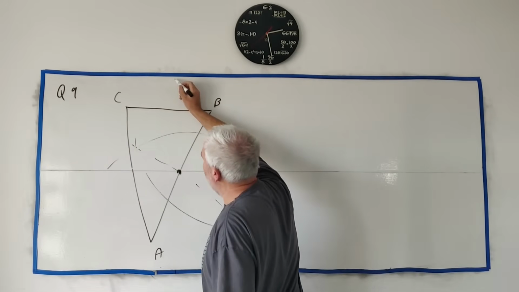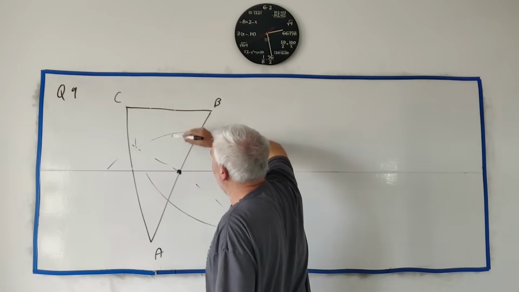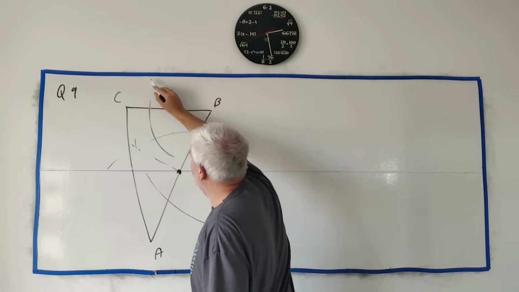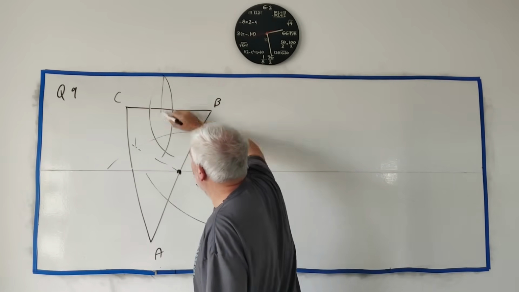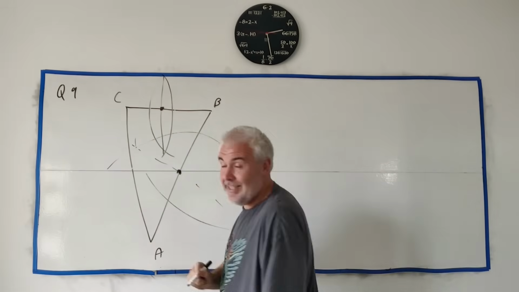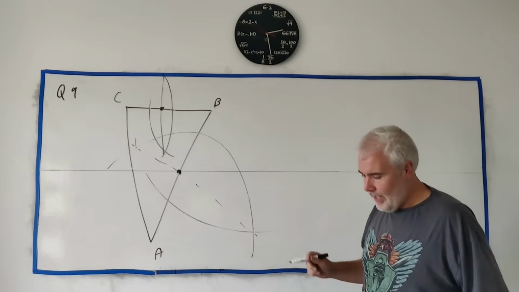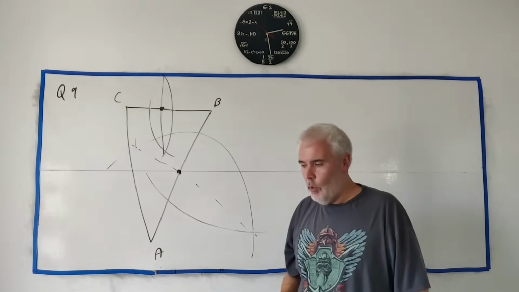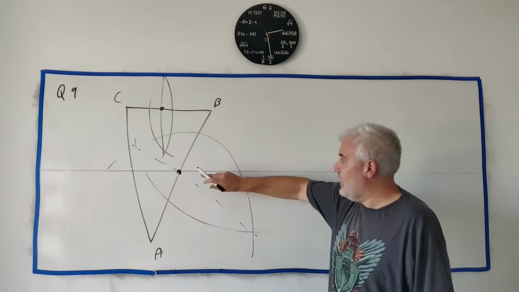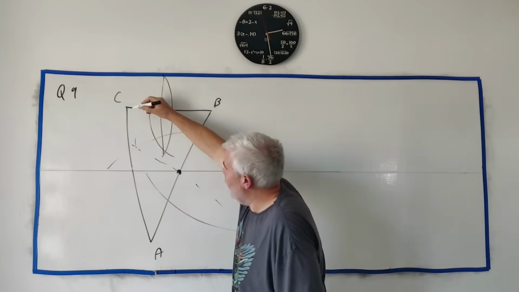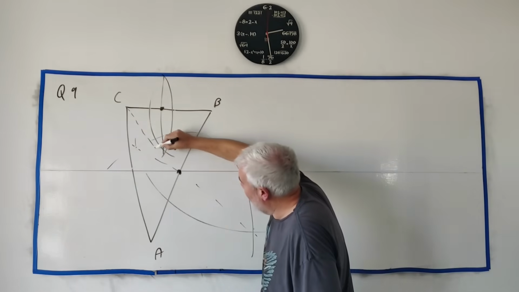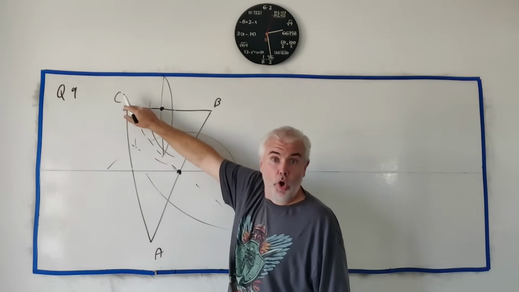We go roughly halfway, and we do an arc like this. Same again, roughly halfway, we do an arc. It meets between, that's the midpoint. Okay, they're midpoints anyway. I've got the second one. I'm going to need it in a moment. To get the centroid, we take a midpoint and we put a line to the opposite corner.